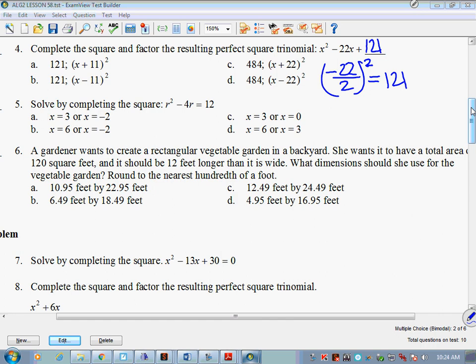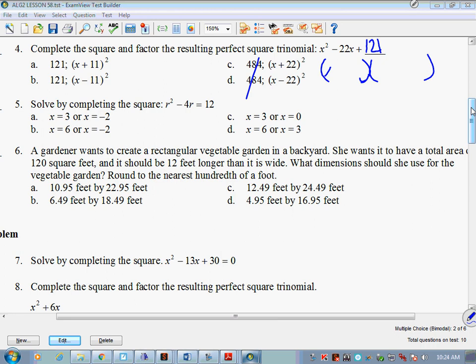Great. All right, it says complete the square and factor the resulting square trinomial. So we can go ahead and eliminate these options. We know that we're going to get 121. Now what we want to do is take this and factor it.